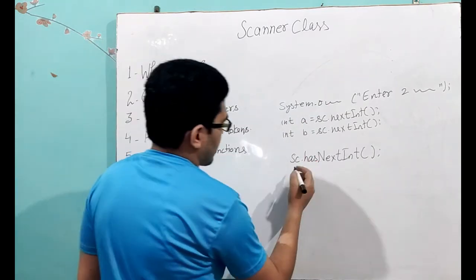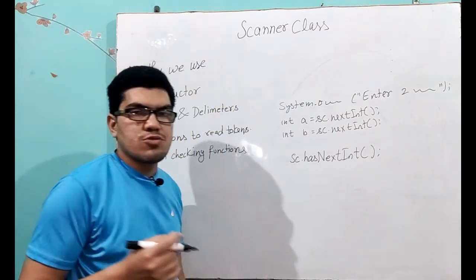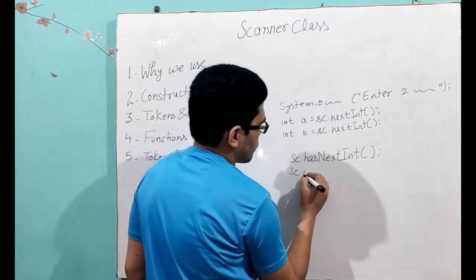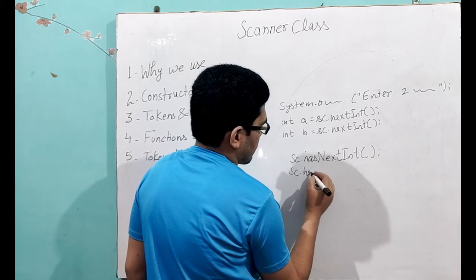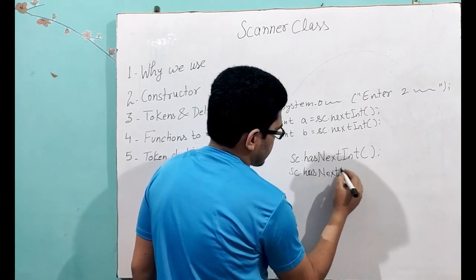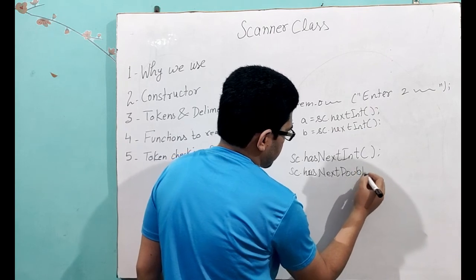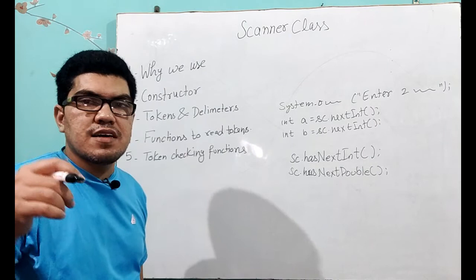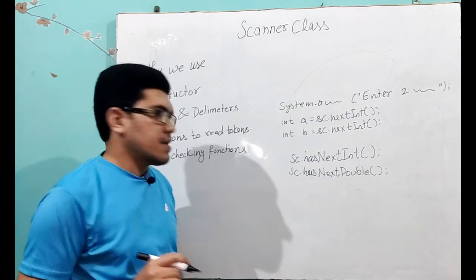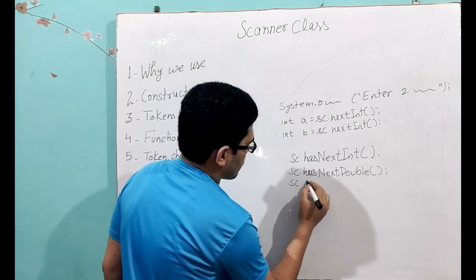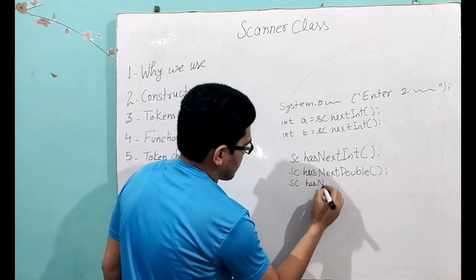Same as this, there are other functions. If I want to check for double type value, then I can use the function hasNextDouble. If I want to check whether any token is present or not, then the function I can use is sc.hasNext.